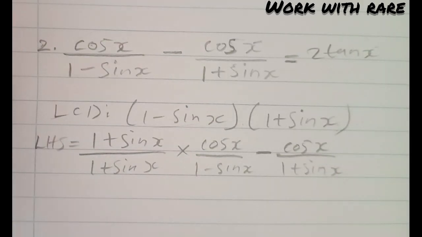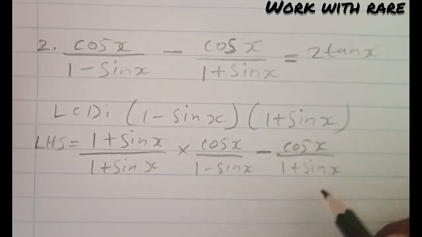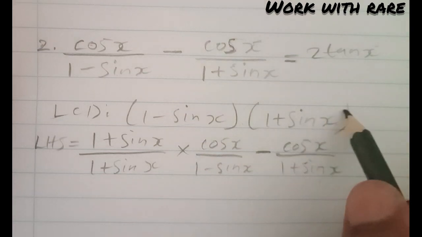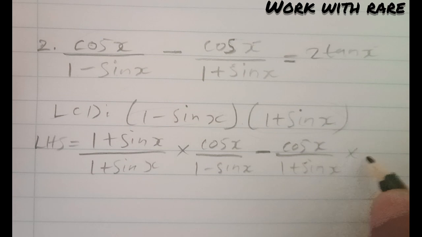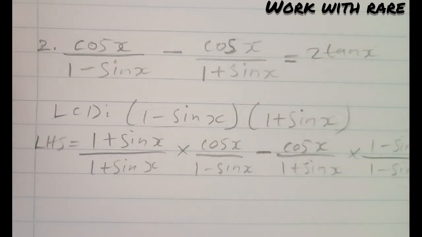On our denominator here we have 1 plus sin x, so I don't have to use this one, but I have to use this one. We'll say 1 minus sin x over 1 minus sin x.